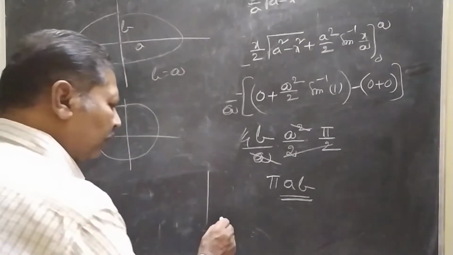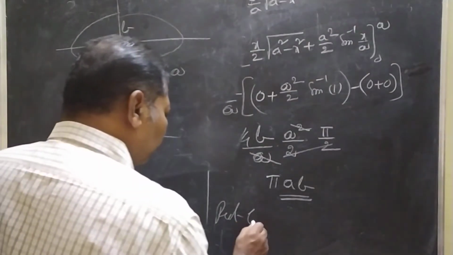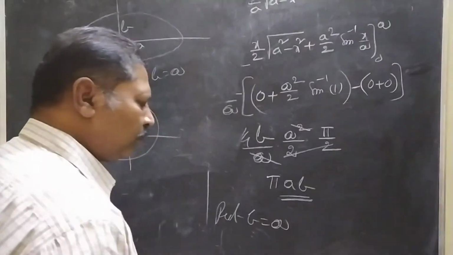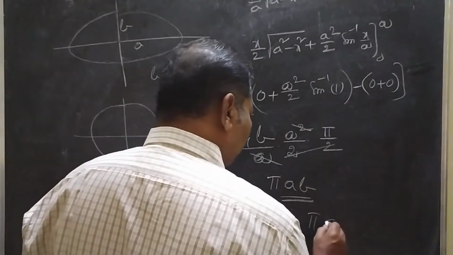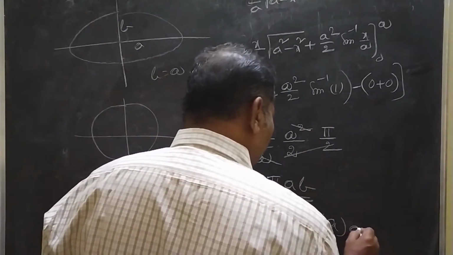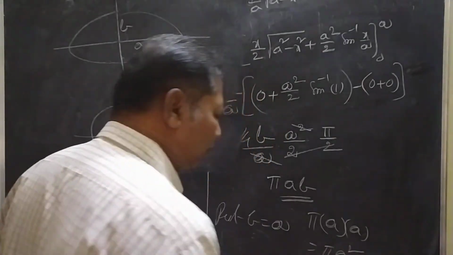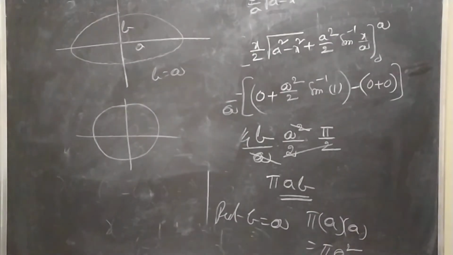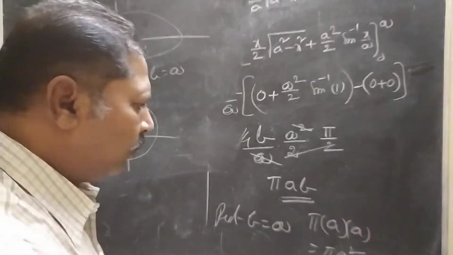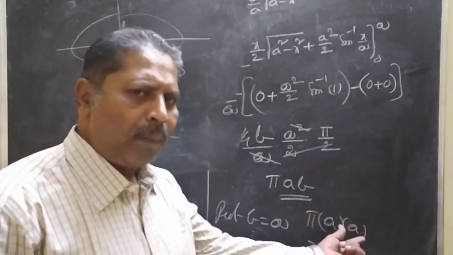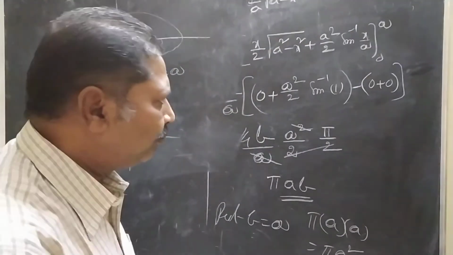So put b equal to a: pi into a. So area of the circle equal to pi r square, where r value is a. So pi a square.